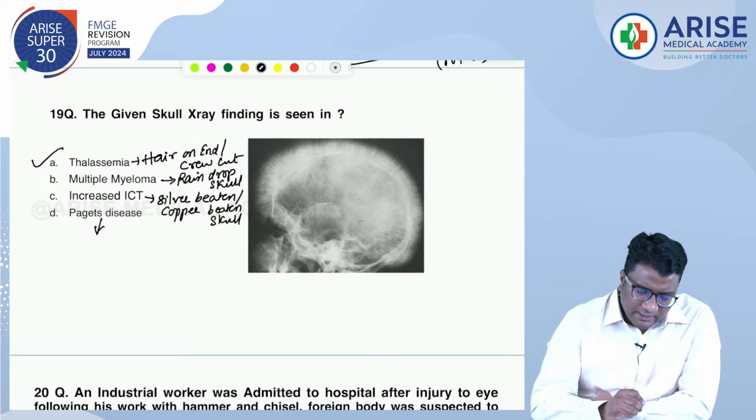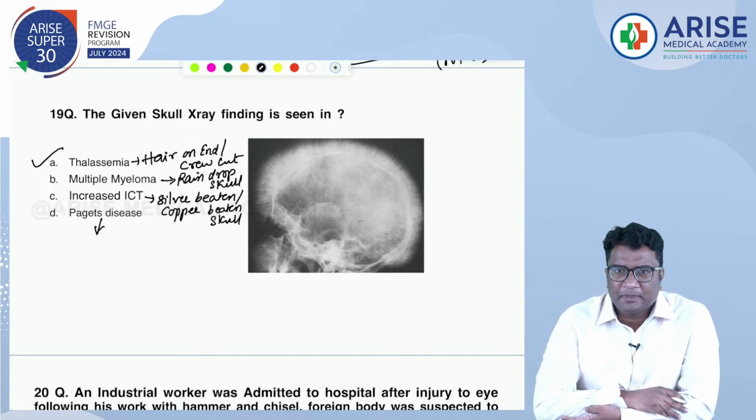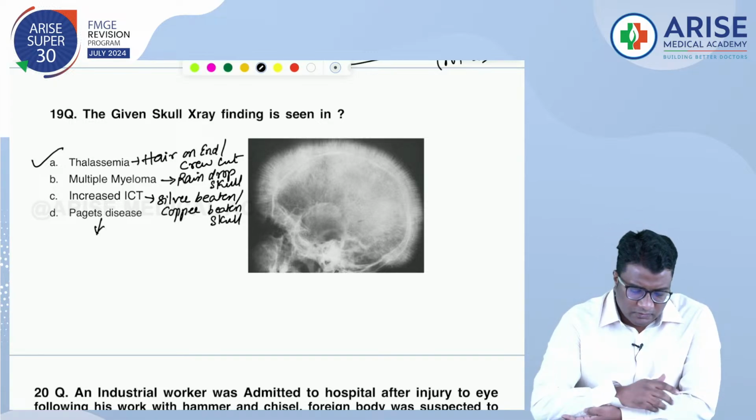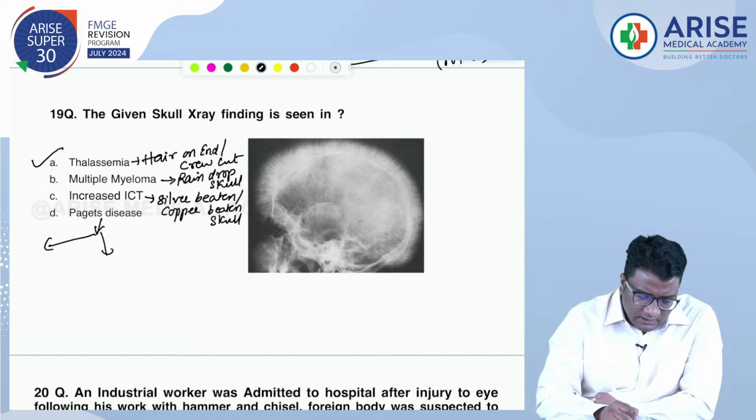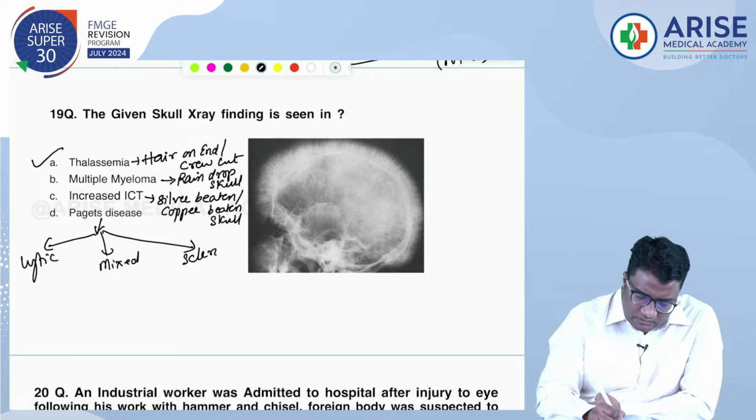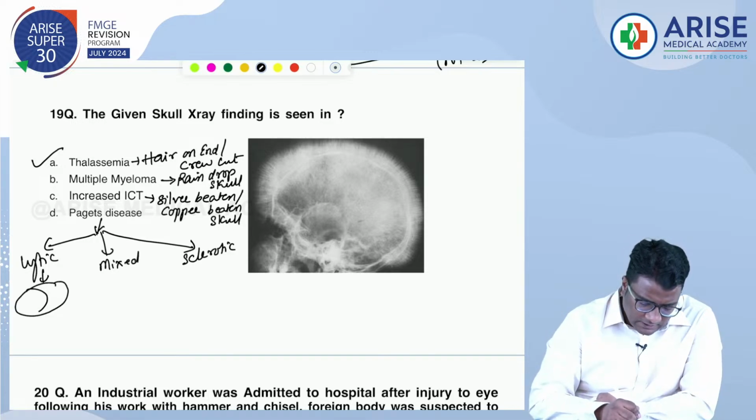And what is the finding that you see in Paget's disease? Paget's disease will have different phases, right? You have a lytic phase, a mixed phase, and a sclerotic phase. The lytic phase will produce lucency called osteoporosis circumscripta.